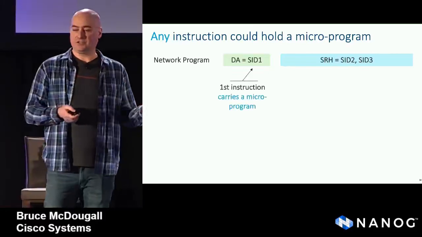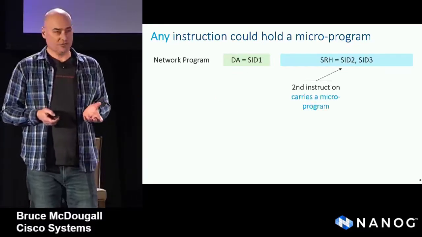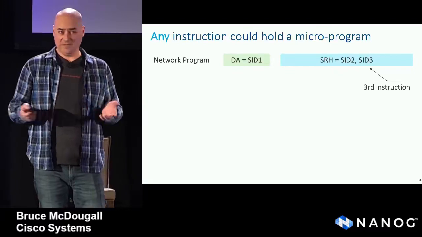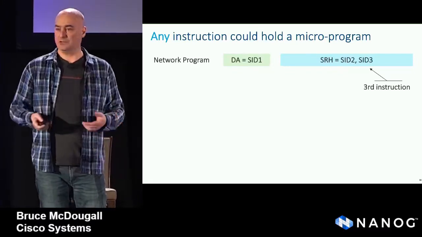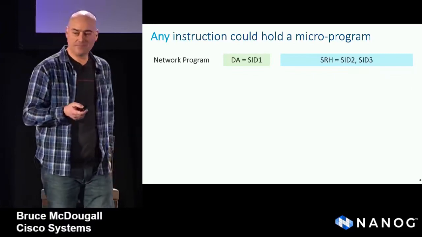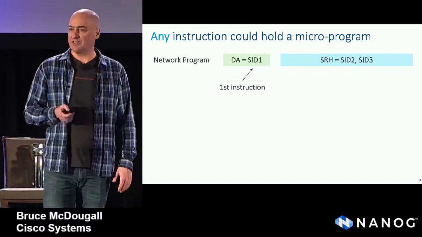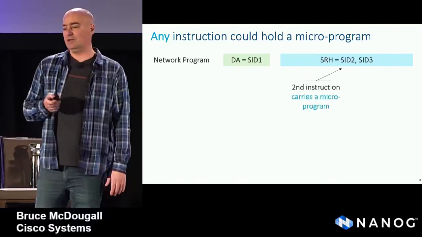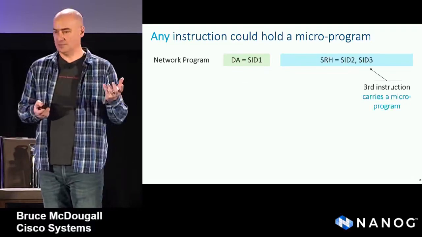The first instruction could carry an actual microprogram, the second instruction could carry a microprogram, and maybe the third instruction doesn't. Maybe that's a normal 128-bit network program. Or alternatively, maybe the outer destination address is a 128-bit network program, but the second and third SIDs are carrying microprograms within them.